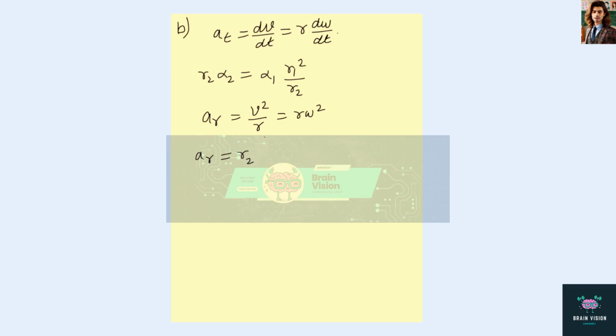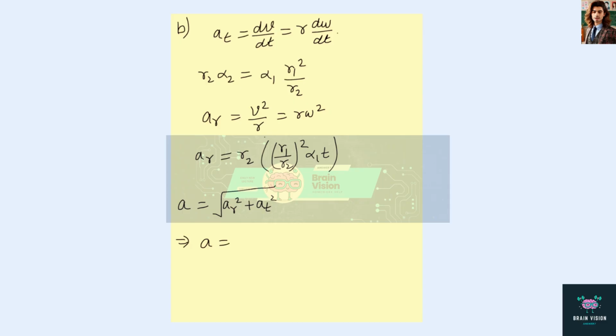So by putting values, ar will be equal to r2 and omega is r1 by r2 whole square alpha 1 multiplied by t. Okay, so net acceleration a will be equal to square root of ar square plus at square.